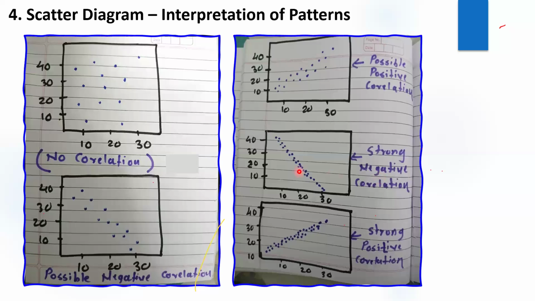Why negative? Because when Y increases, X decreases. Clear? This is called strong positive correlation. Why strong? Because points are very close to each other. Why positive? When Y increases, X increases. So scatter diagram patterns are clear.